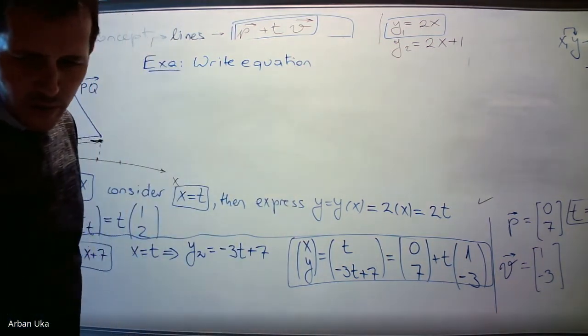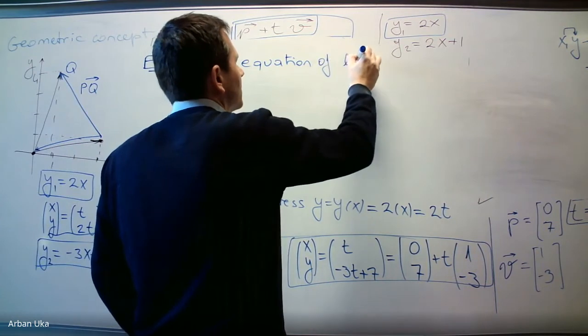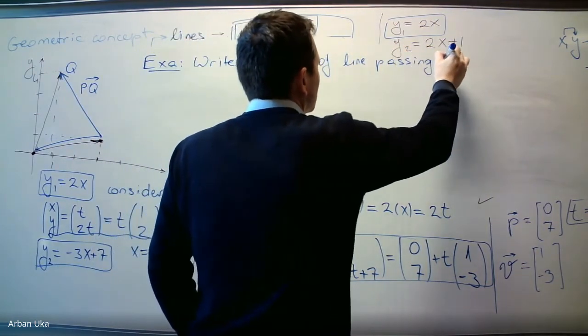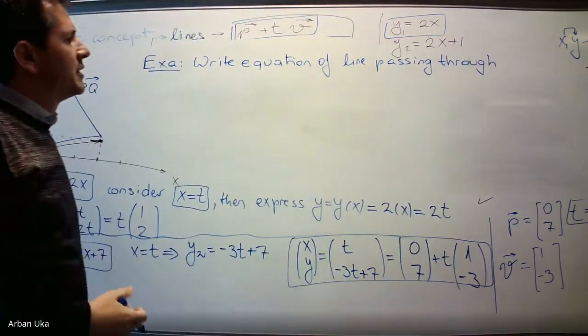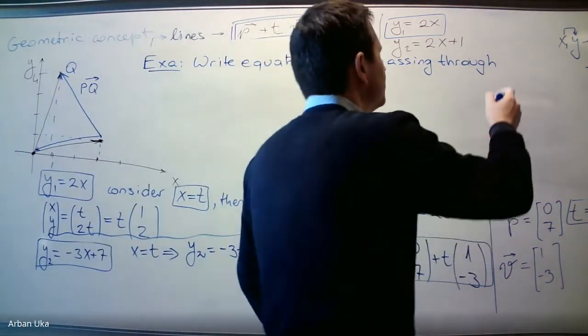So let's try to write the equation of a line. Let's try to determine the equation of a line that passes through 2 points, -1, 1 and 3, 2.